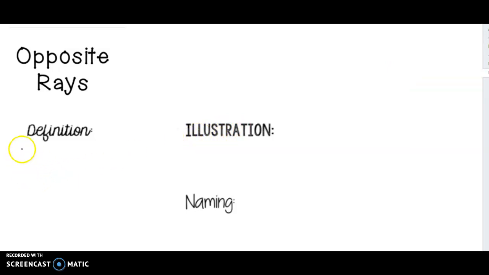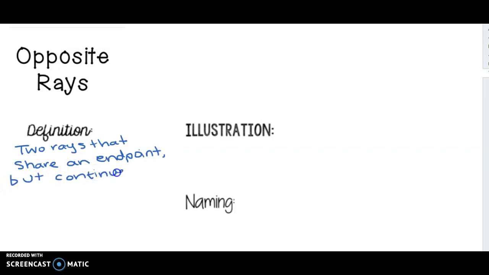Okay, so opposite rays would be two rays that share an endpoint but continue forever in exactly opposite directions. Okay, they go off forever in exactly opposite directions.